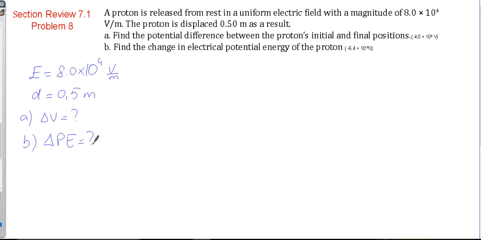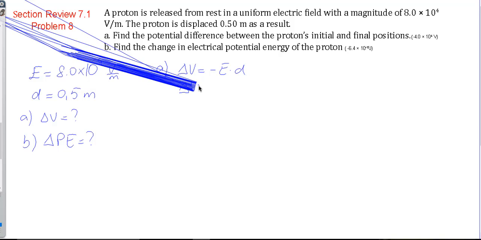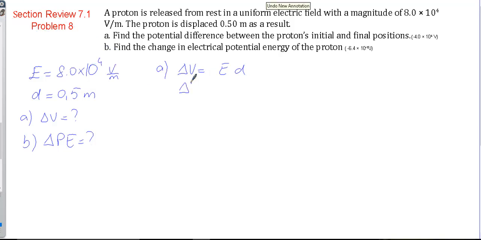Now let's start with A. As we did before, delta V is equal to minus ED, and delta V is equal to minus E, which is given as 8.0 × 10^4 volts per meter, multiplied by 0.5 meters.